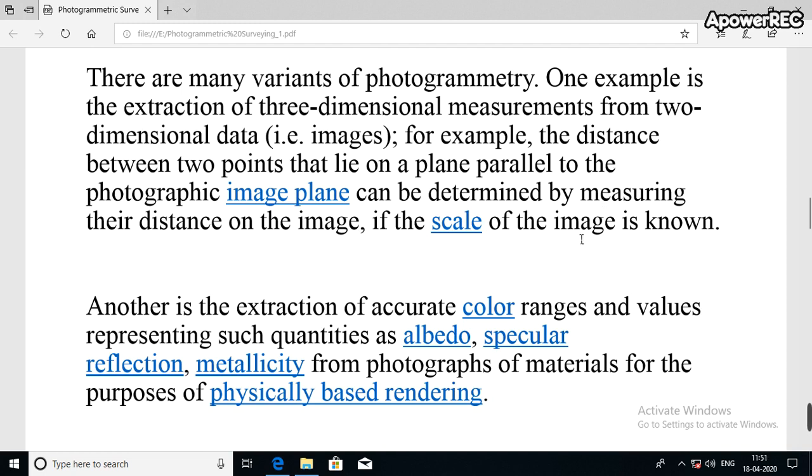Another is the extraction of accurate color, albedo, specular reflection, metallicity from the photograph. So these are the various applications of photogrammetry. They are related to photography and some analysis will be there.